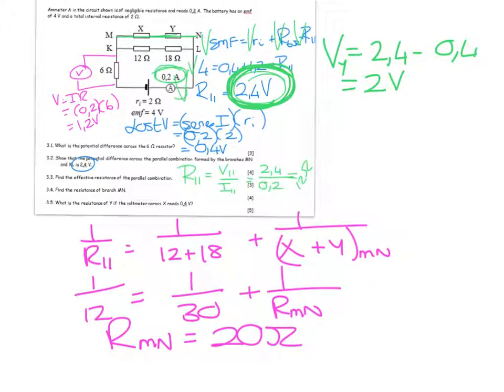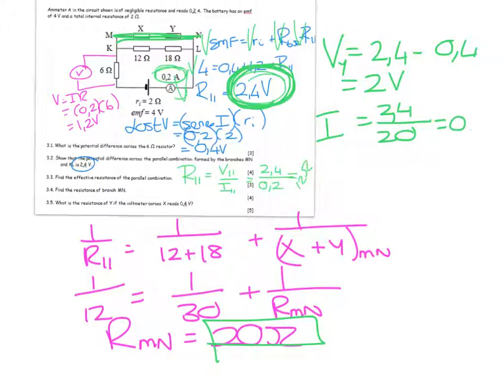Then I know that the current on this branch is equal to the potential difference across the parallel network divided by 20 ohms of resistance and land up with 0,12 of current.